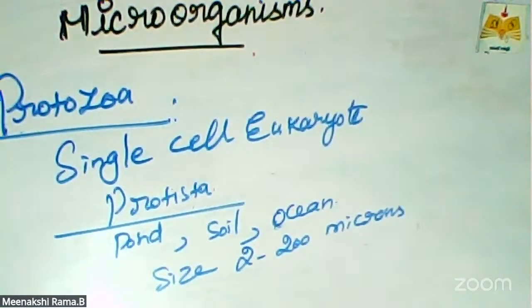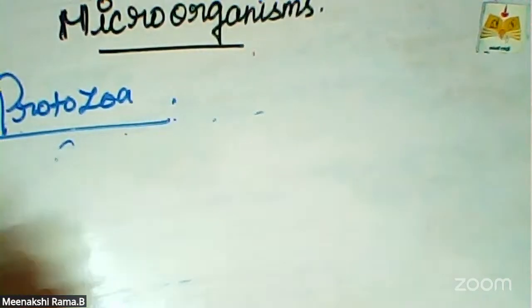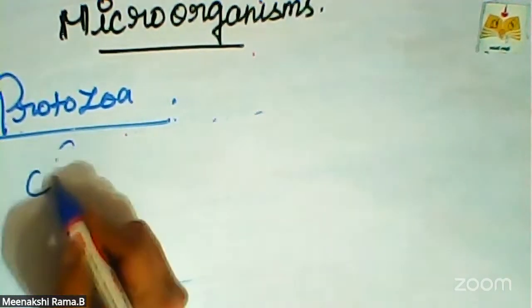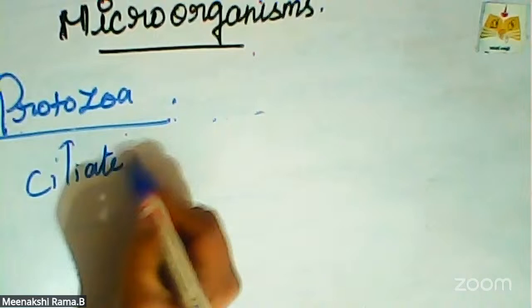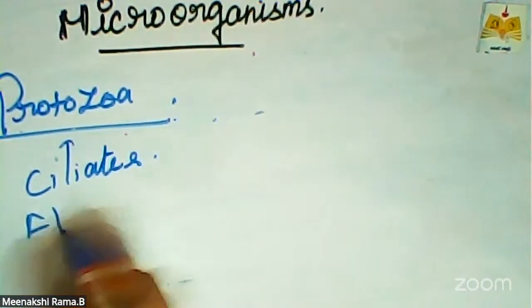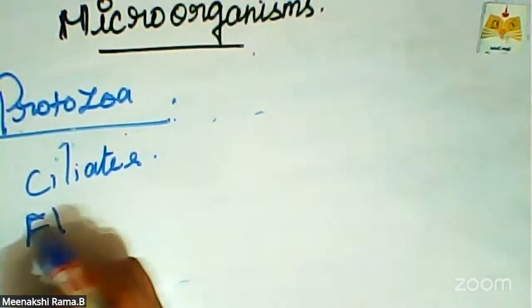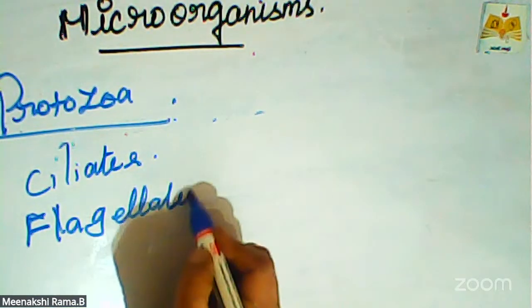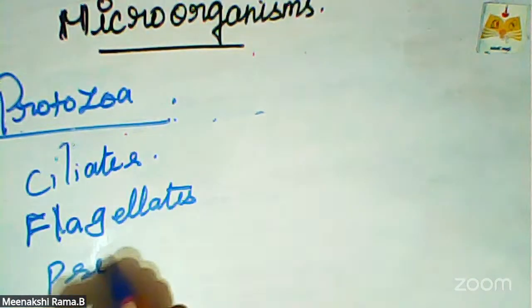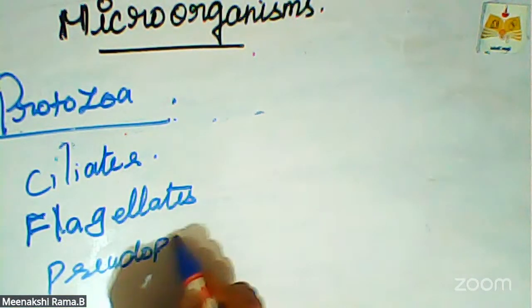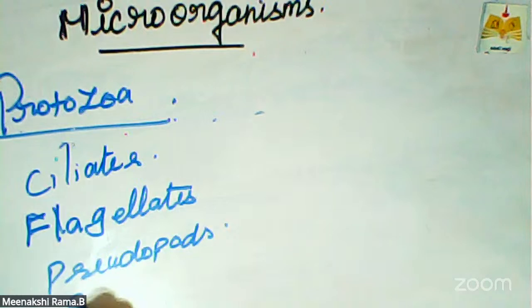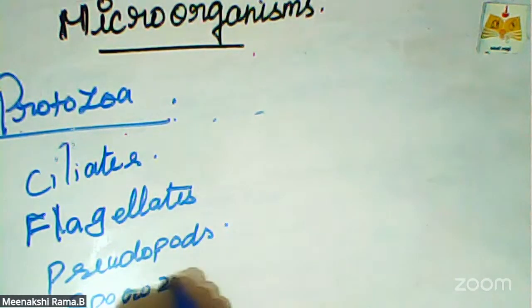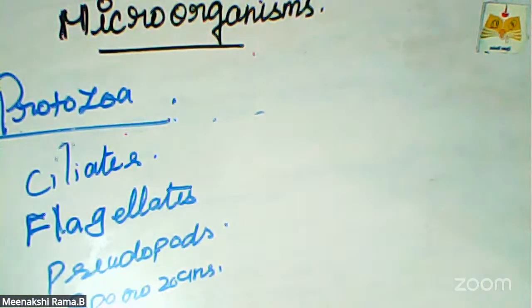So these are all the types of protozoa: ciliates, flagellates, pseudopodia, and sporozoans.